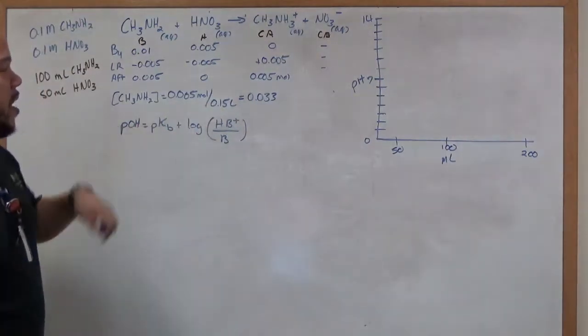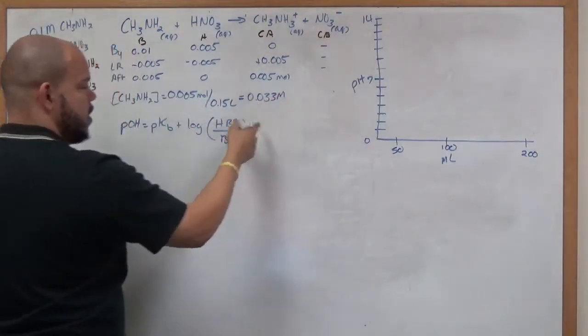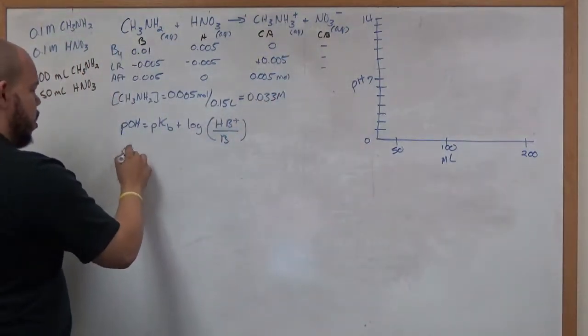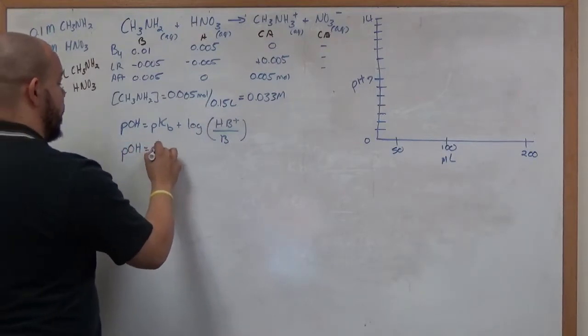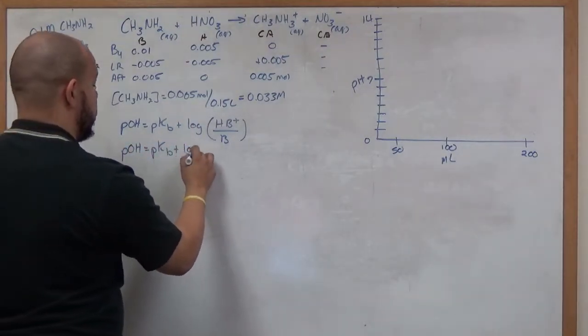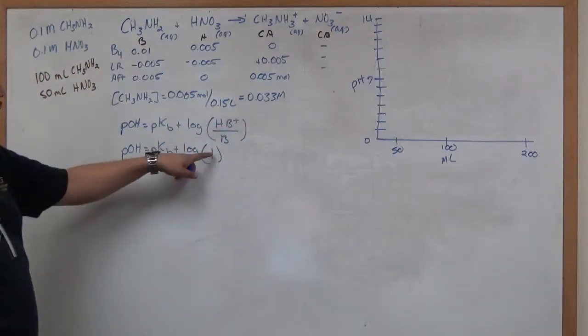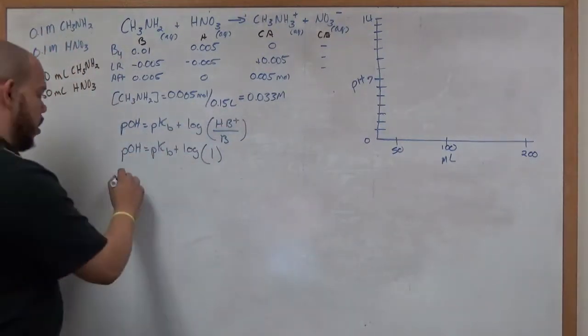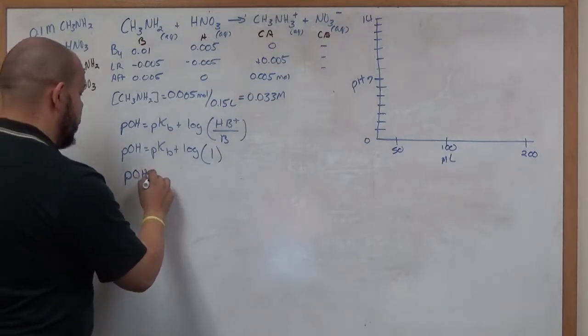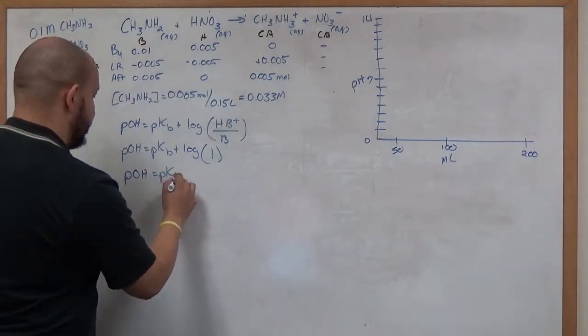So that's going to be the concentration for both of these. Therefore, remember pOH is equal to pKb plus log of 1, because all I'm doing is showing that these two divided by each other equals 1, and therefore at the halfway point, pOH equals pKb.